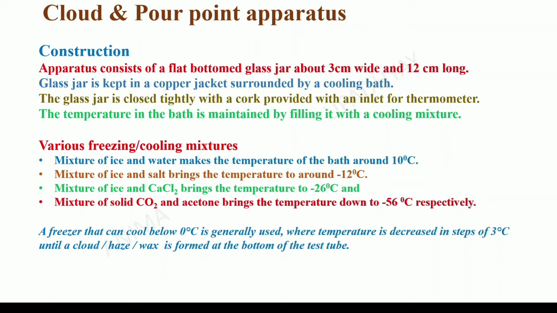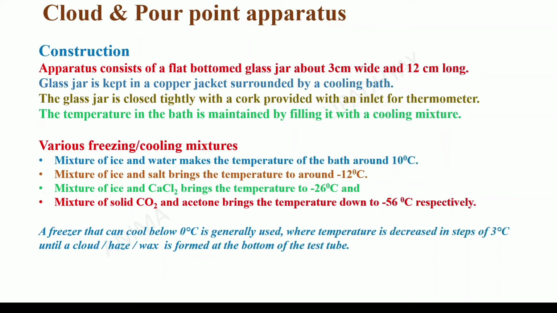Now, let us discuss how to determine the cloud and pour point. So, we employ the apparatus that is called the cloud and pour point apparatus, and the construction of this apparatus is very simple. It is made up of a flat bottomed glass jar about 3 cm wide and 12 cm long.